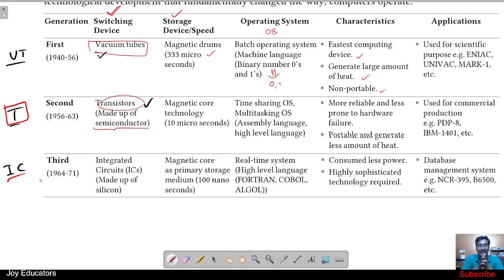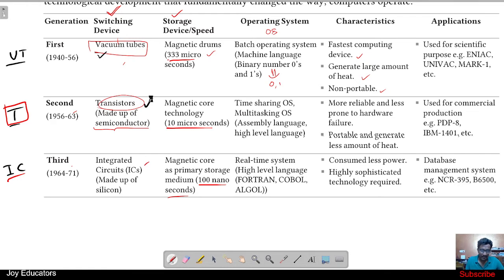It is made up of silicon and helps in storage capacity. It is really advancing. You can just write down: first generation vacuum tubes, second generation transistors, third generation integrated circuits. That's enough. They will not ask much about the rest, but these are enough.